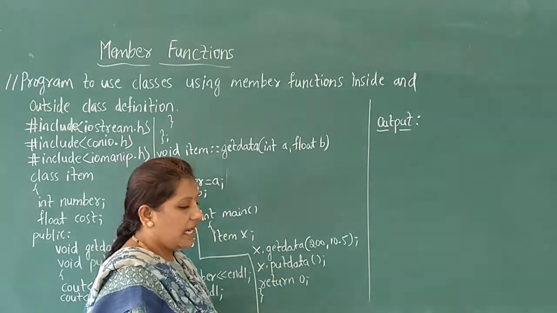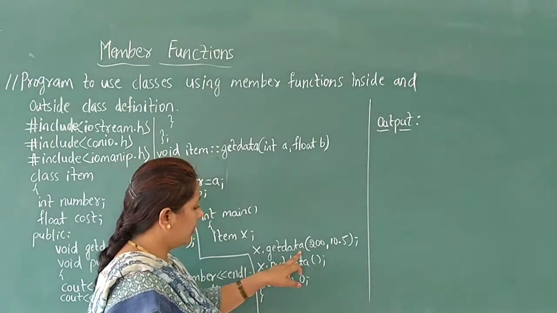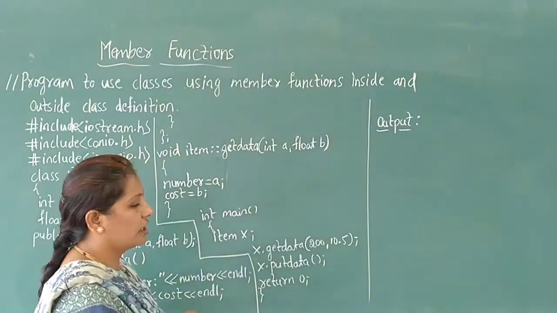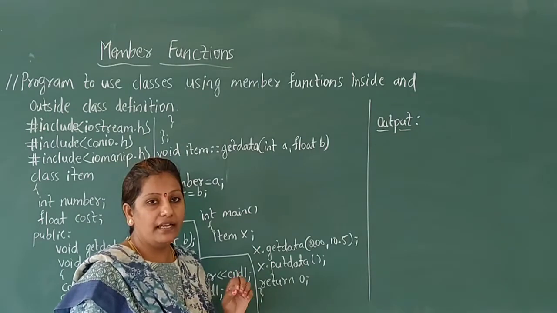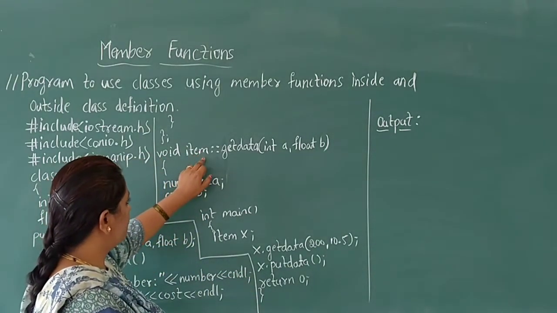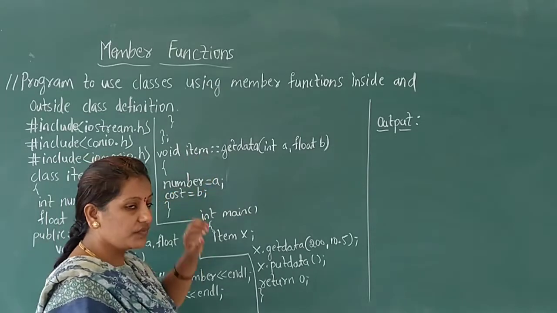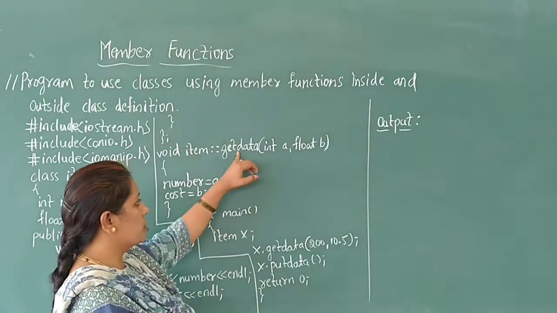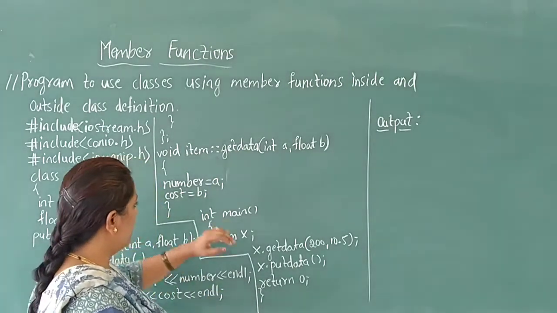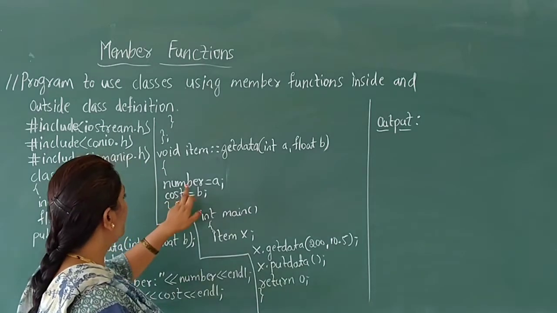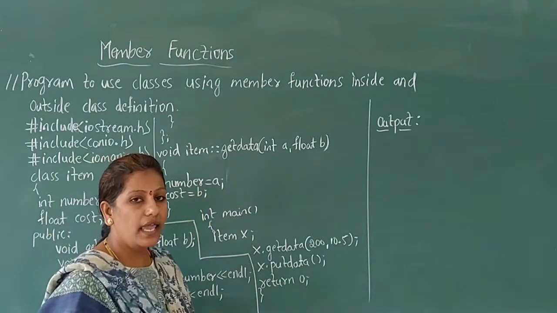When this statement executes, the control directly goes to the getdata function where it is defined in the program. Then the control connects to this function and executes the related statements of the member function getdata. See here, in this member function we have the statement number is equal to a.